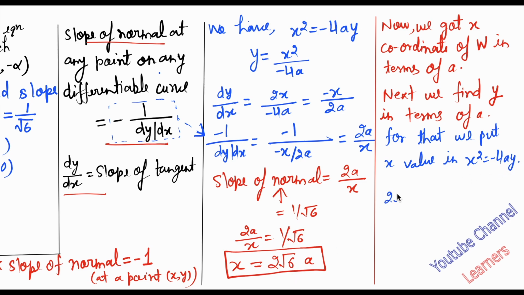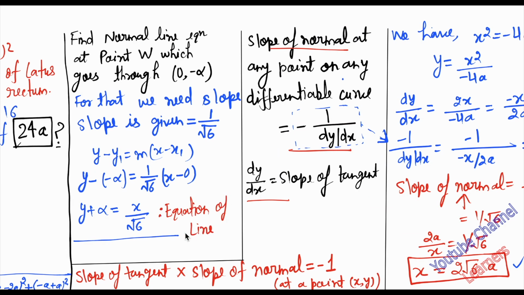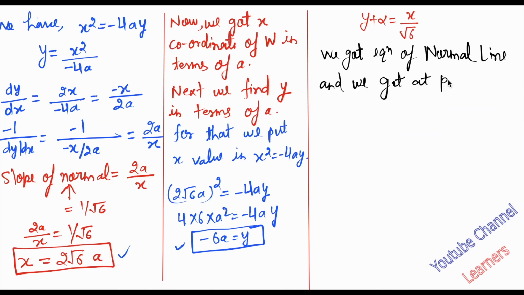So we do the calculation, and we found that W has y coordinate as minus 6a, and we have already calculated the normal line equation, which is y plus alpha equals x upon root 6. We got the point W on this normal line in terms of a.